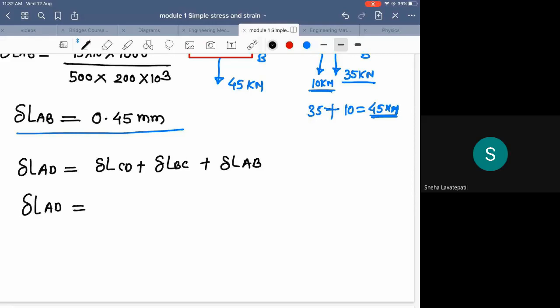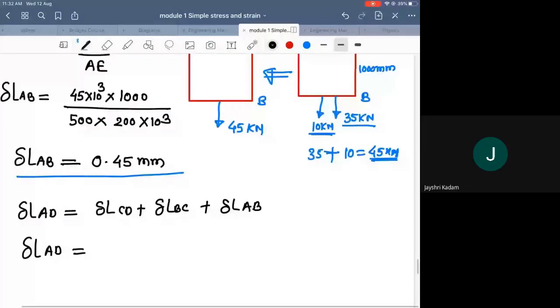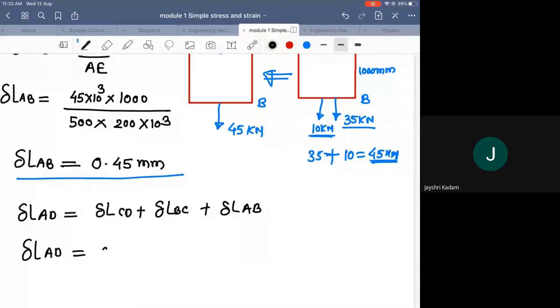So delta L for CD, how much is it? It is 0.05. For BC, it is 0.175, and for AB it is 0.45.